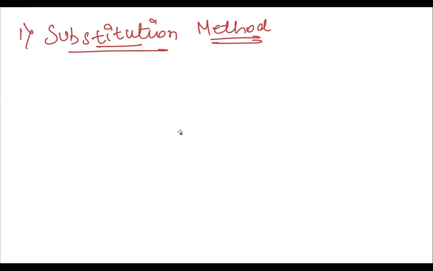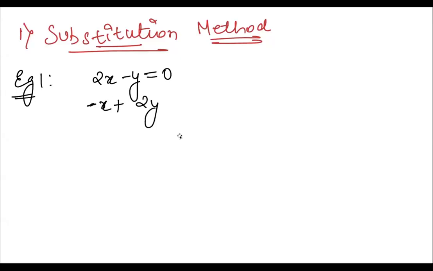Let me give an example. Let's say we have two linear equations. Example 1: 2x minus y is equal to 0, and minus x plus 2y is equal to 3.